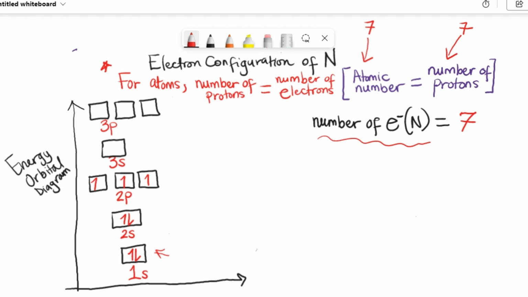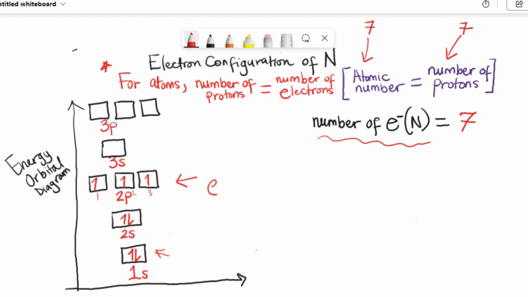Now we've successfully filled each one, but one thing I need you guys to know is this. For the p orbitals, we've got 3 boxes. So what you're supposed to do anytime you have the same level for multiple orbitals is that you have to fill each one of the orbitals or each one of the boxes first before you can pair electrons, because since electrons are negatively charged, we cannot put two of them in an orbital if there is free space to add other ones, because it's going to cause something called energy destabilization, because electrons are negatively charged and like charges repel each other.